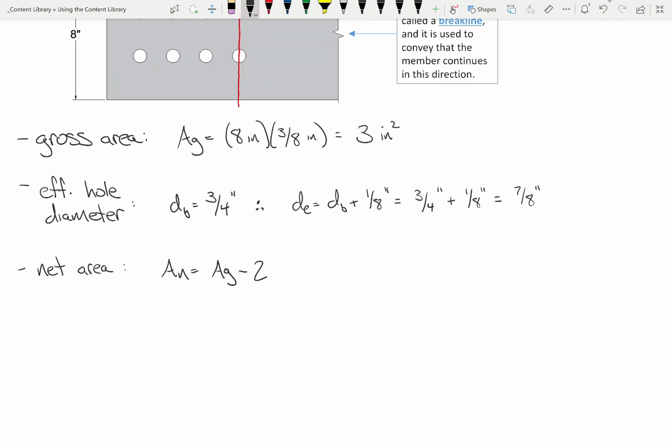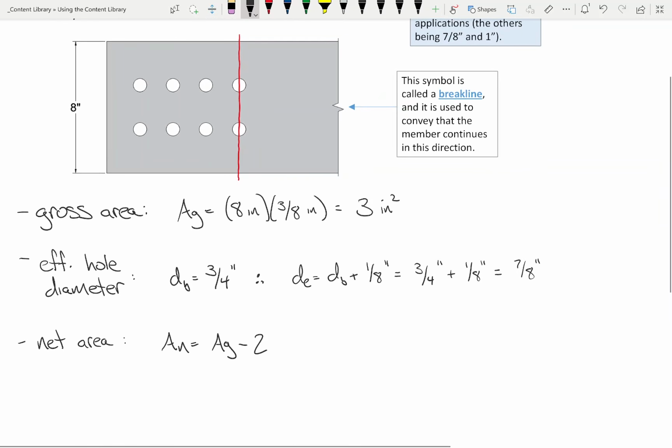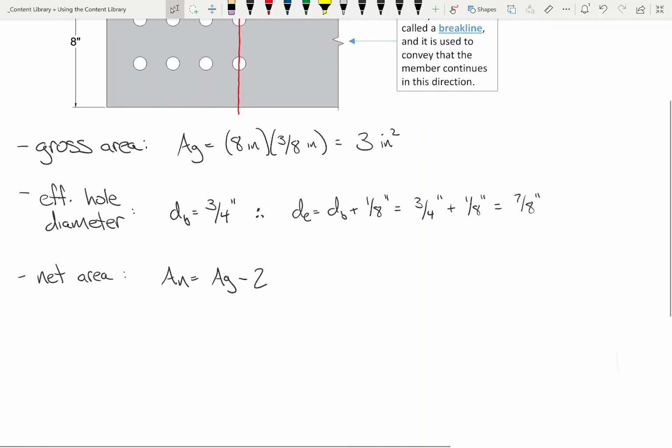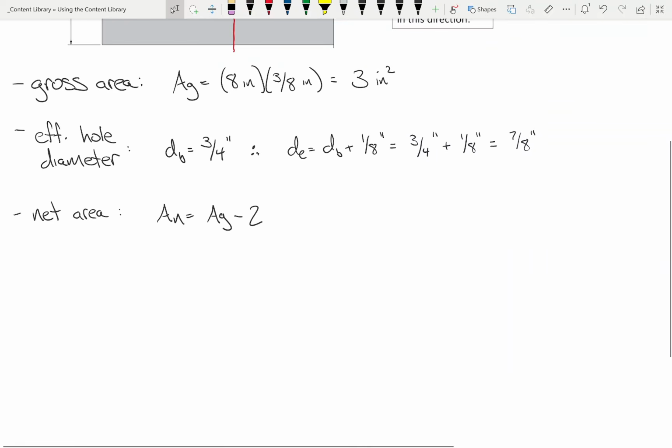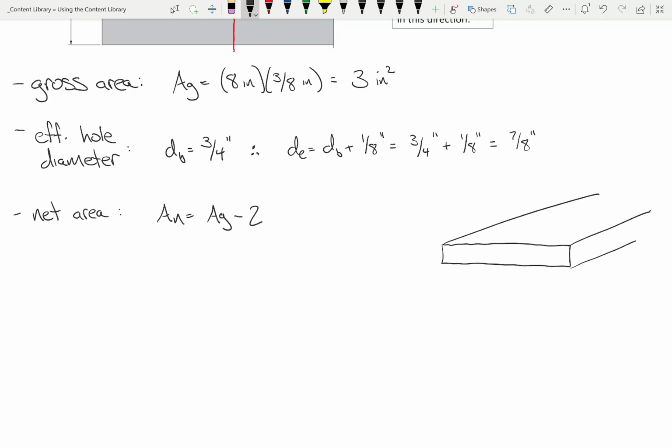To explain that, let me explain what's going on here. We samurai sworded or lightsabered through this, right? Let's look at this in 3D. So there's that.